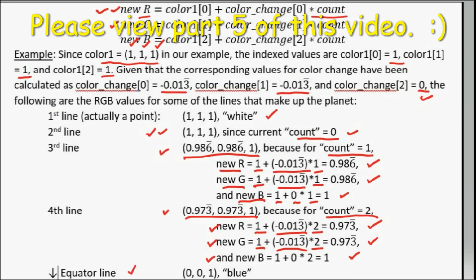When we apply this formula here above, it will become 0, 0, 1, which is blue. Actually, this is our definition for color 2. This is our target color for the upper half of the earth. It is 0, 0, 1.